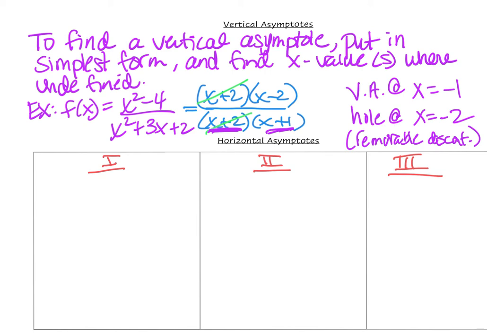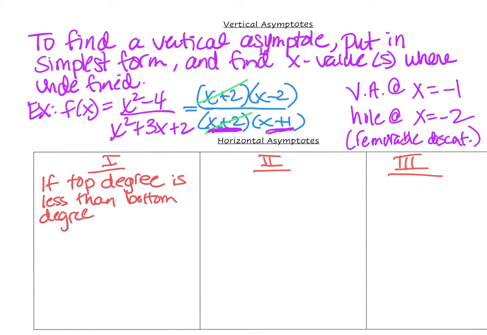So we've got 3 things that could happen. If we're comparing the 2 degrees, the first thing that could happen is if the top degree, I'm just too lazy to write numerator, I'm writing top instead. If the top degree is less than the bottom degree. Okay, that's one thing could happen if we're comparing the 2 degrees.